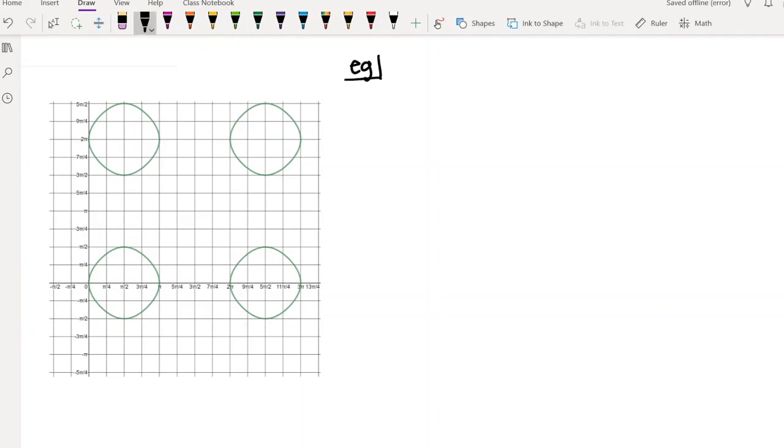So what we're going to do is find dy dx for the curve sine of x plus cosine of y is equal to 1. So let's start by doing that, and then at the end we'll also find the slope at a particular point.